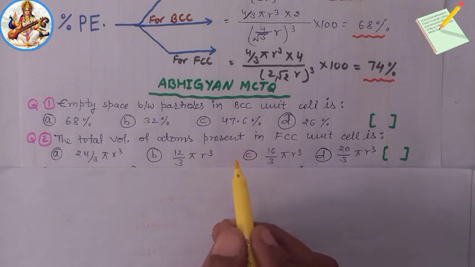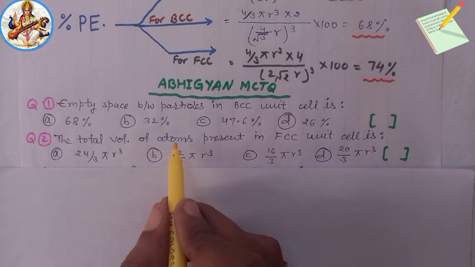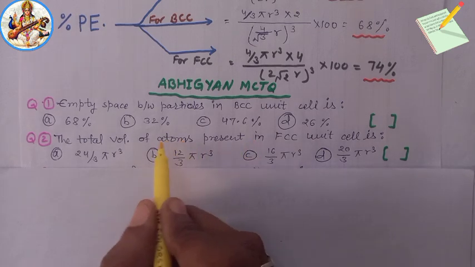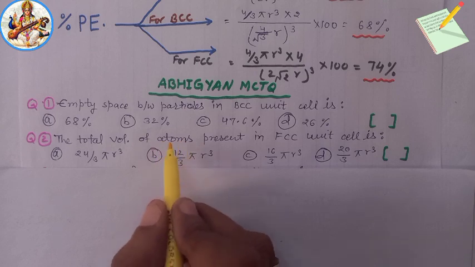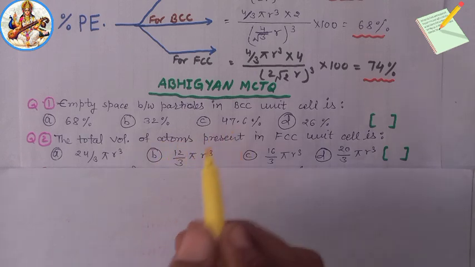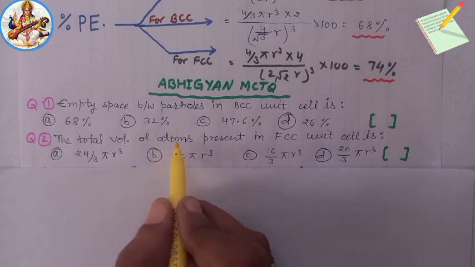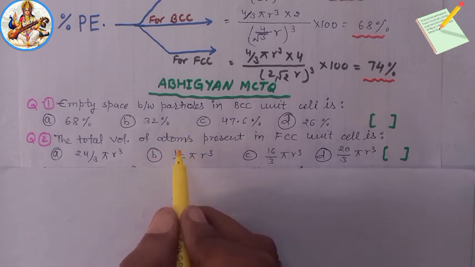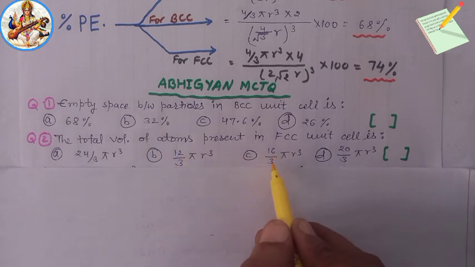Therefore, the total volume of atoms is equal to number of atoms 4 into volume of a sphere 4 by 3 pi r cube. So resultant value is 16 upon 3 pi r cube. So answer will be option C.